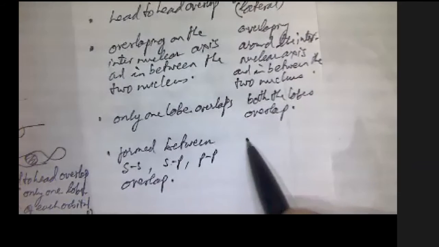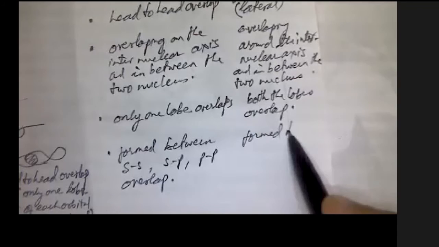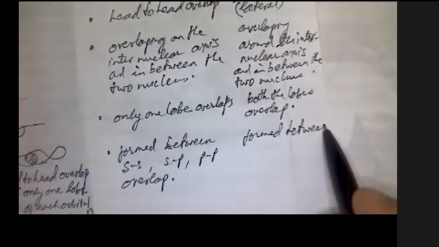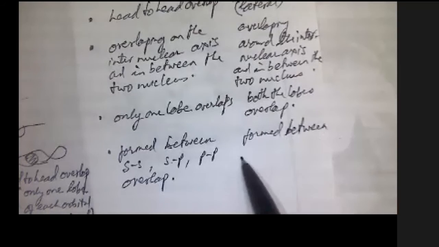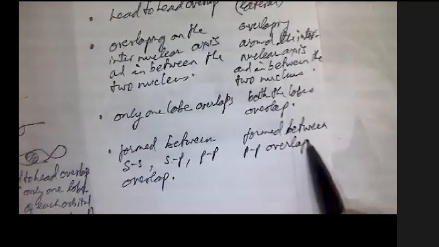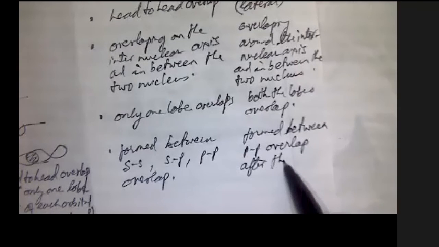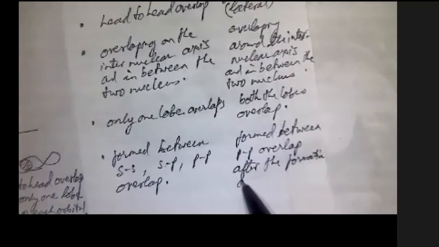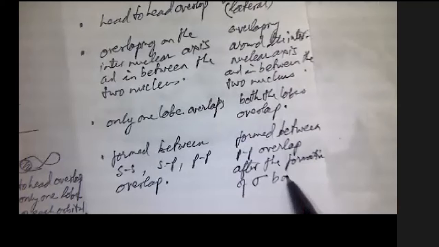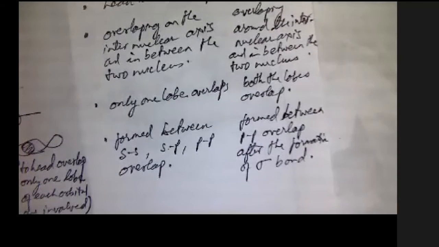Here, formed between PP overlap after the formation of sigma bond. Unless a sigma bond is formed, a pi bond cannot be formed.